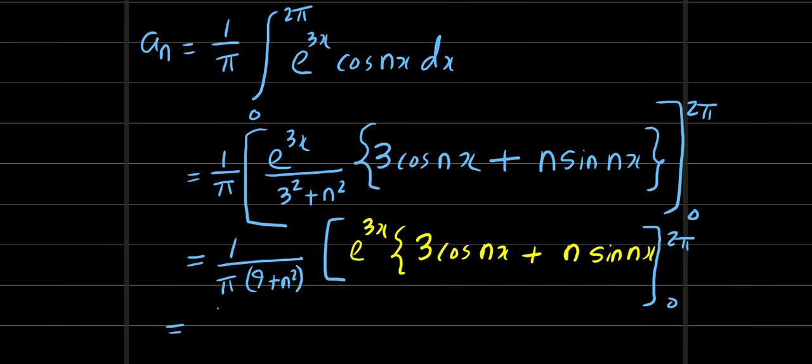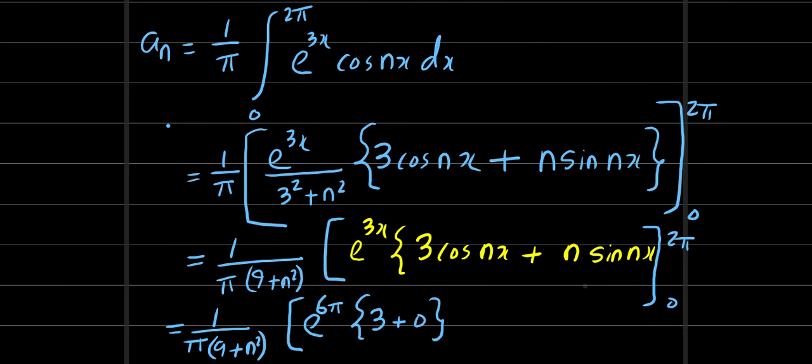So you get 1 by pi times 9 plus n square, and then when we put the upper limit we get e to the power 6 pi, and cos 2n pi of course is 1, so we get 3 plus 0 because sin 2n pi will be 0, minus e to the power 0, and then again 3 plus 0.